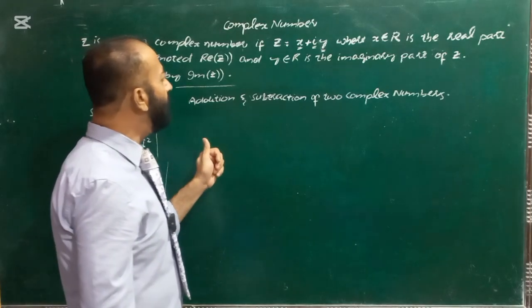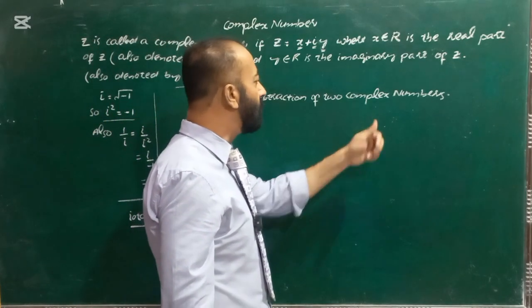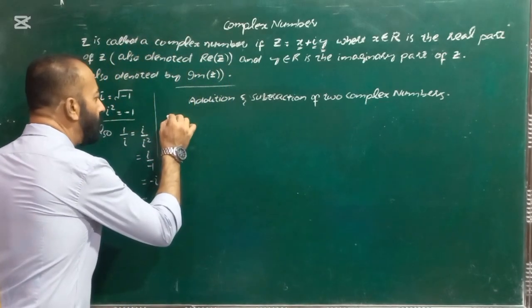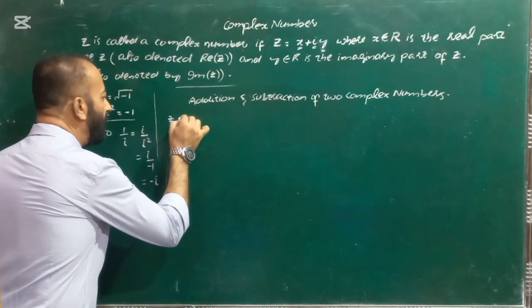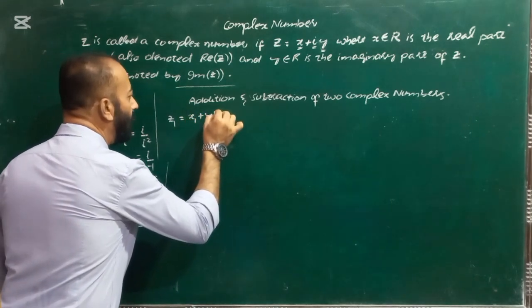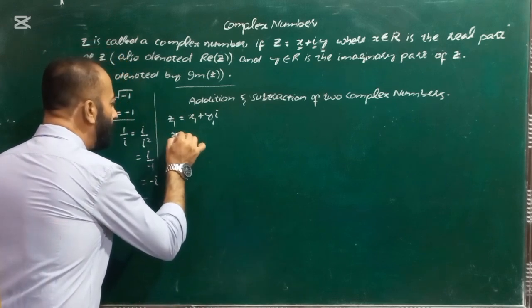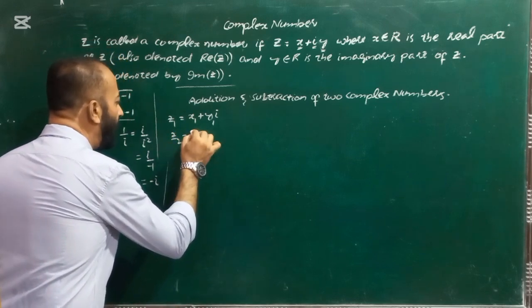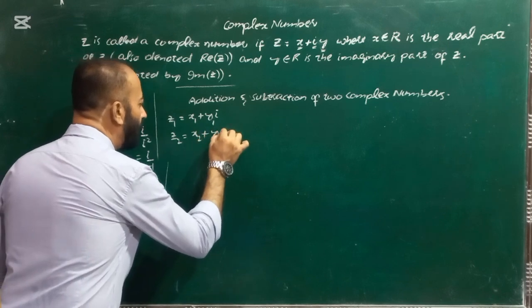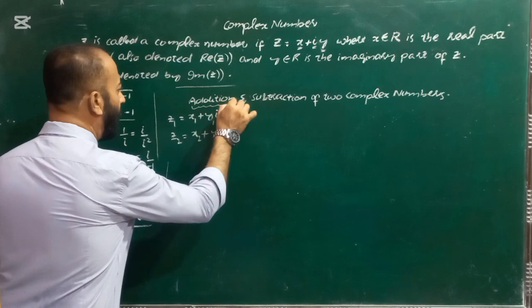The next thing that we are going to read in complex numbers is addition and subtraction of two complex numbers. Let's suppose there are two numbers, z1 is x1 plus y1 iota and z2 is x2 plus y2 iota, and we have to add them.